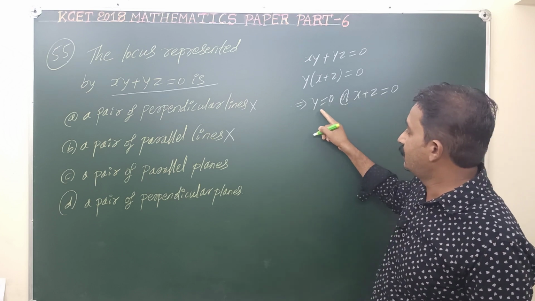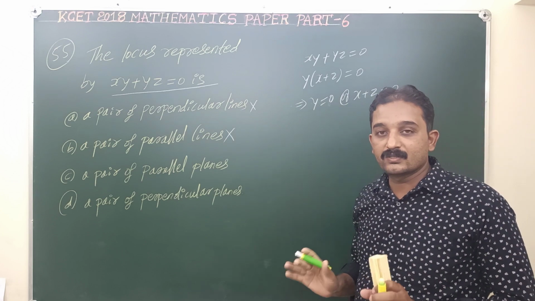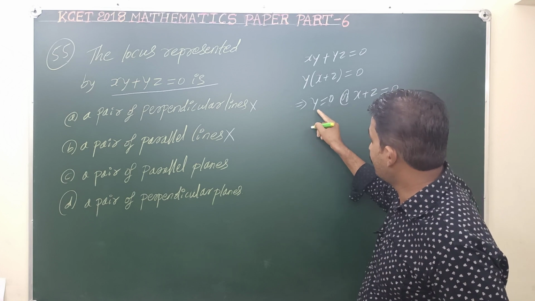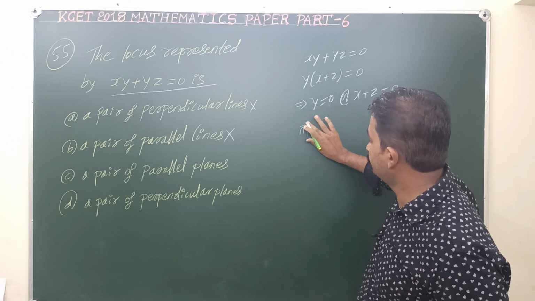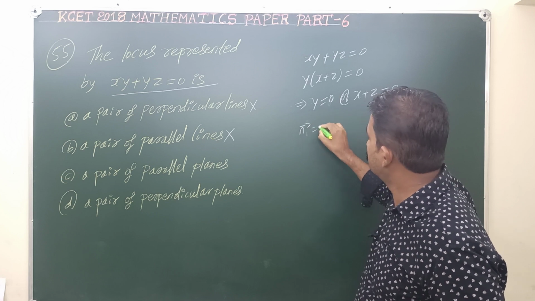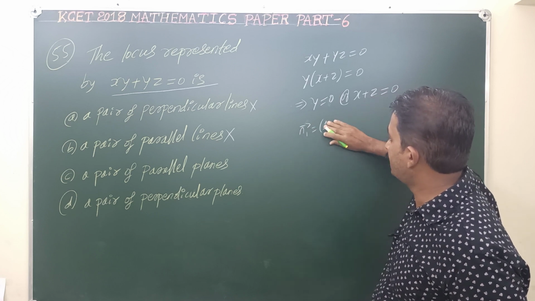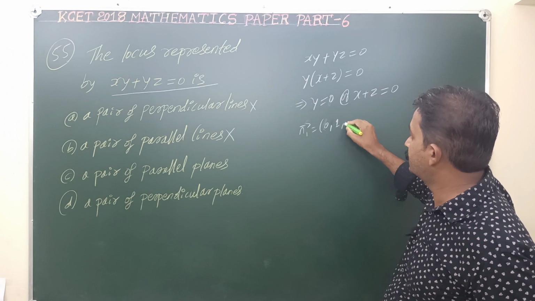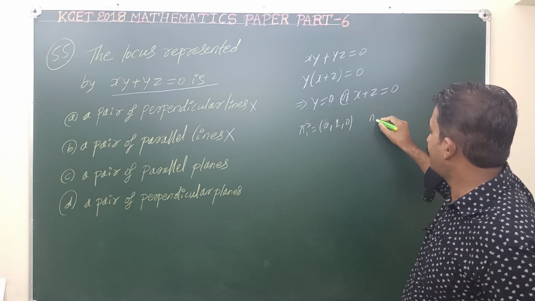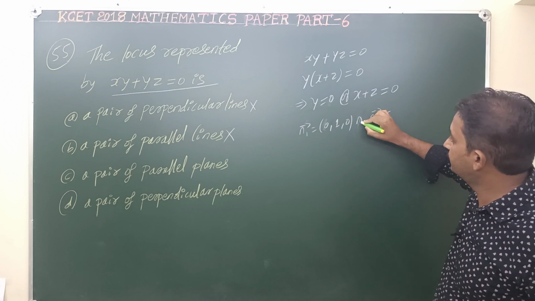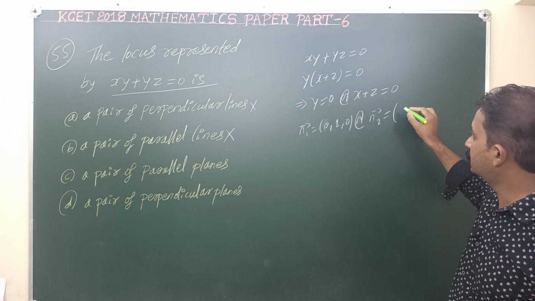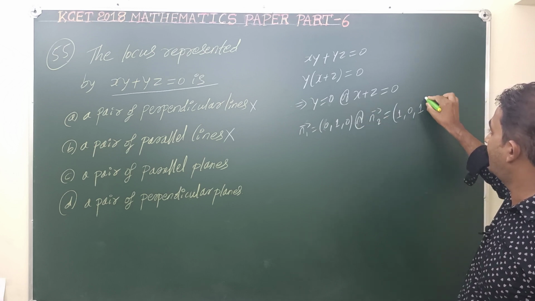If a plane is there, it has one normal. So take the normal as n1, whose direction ratios are 0, 1, 0. Here also take n2 in the second case, so here 1, 0, 1.